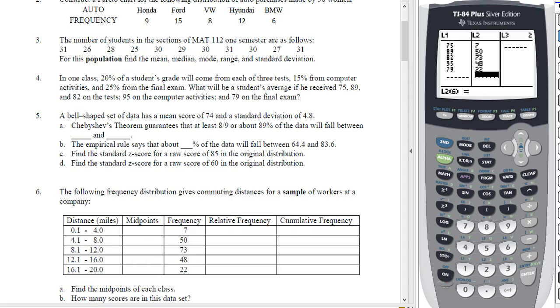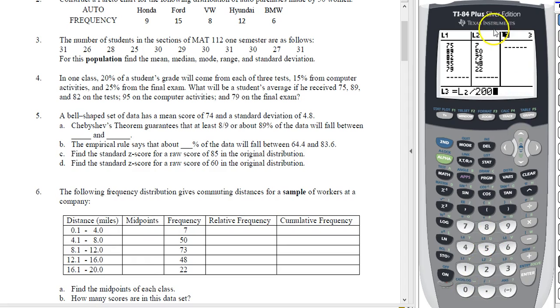And then if I use list 3 for the relative frequencies, I can just divide each of those by 200, or I can do this trick where I arrow up to the list 3 title and tell it to define list 3 in terms of list 2 by taking list 2 and dividing that whole list by 200.